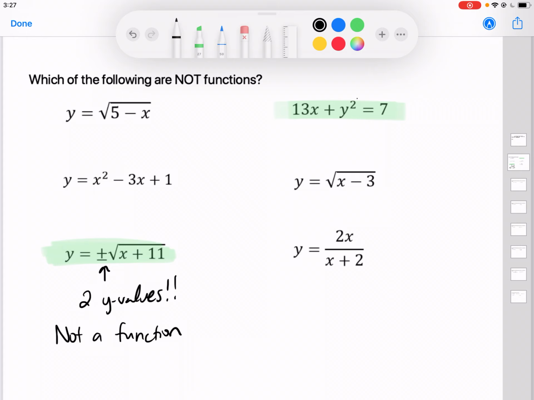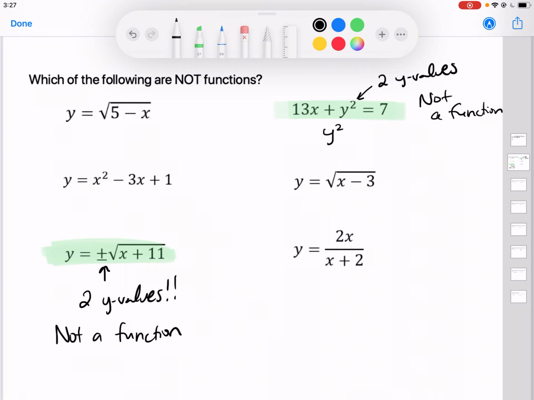Because it's y squared, this tells us once again there will be two y values because the y itself is squared. So notice I didn't care about the x squared. That means we're going to get two x values. That square right there tells us we're going to end up with two y values. And here's another reason why. So by the way, it's not a function.